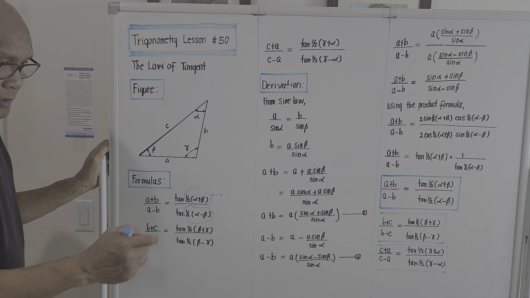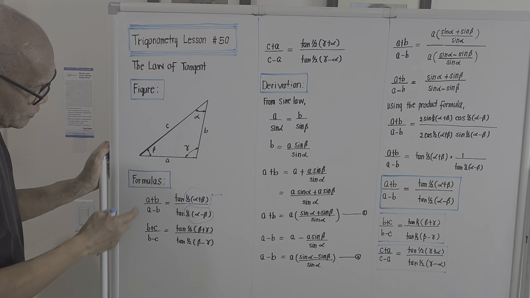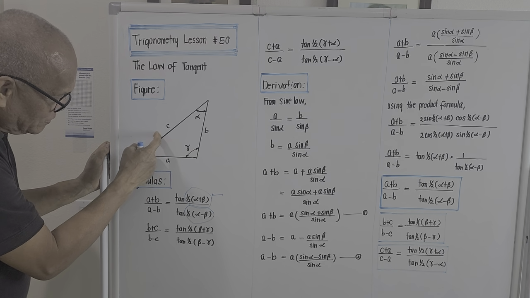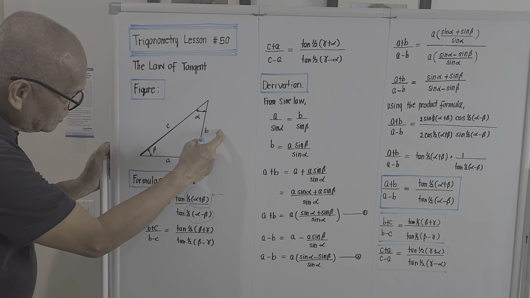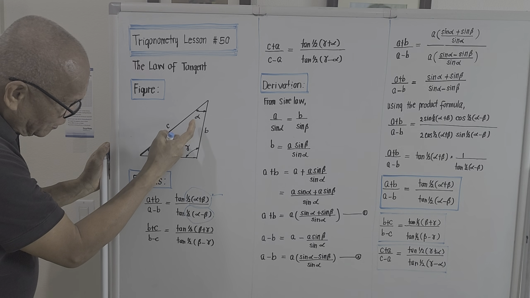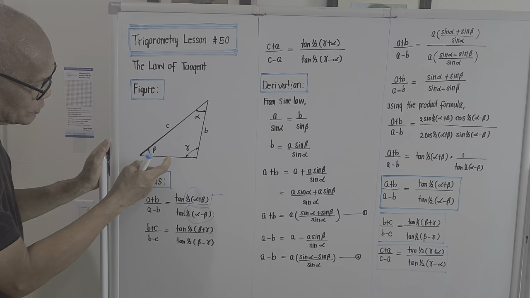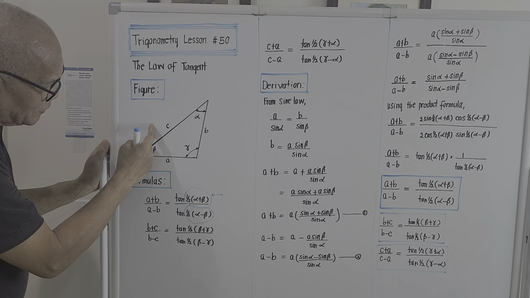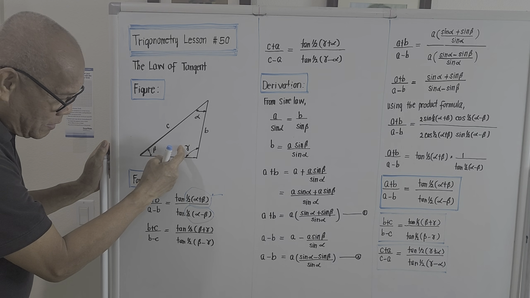The second formula will be, if we now consider B and C, because for the first one, we just considered A and B, and their corresponding angles alpha and beta. So the next formula will be, we will be considering B and C, and the corresponding angles should be beta and gamma.